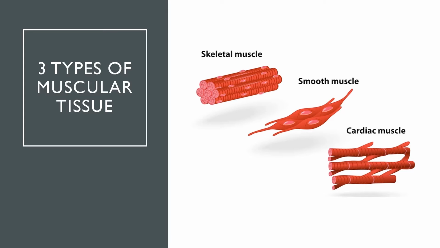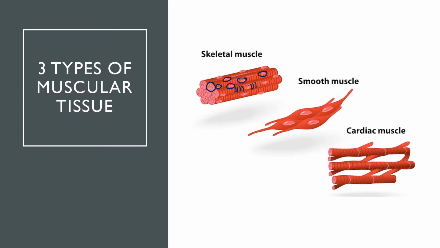So here is just a really quick visual representation of our three types of muscular tissue. The top one we have is skeletal muscle. We can see each of these cells. So one of these is going to be one cell with multiple nuclei per cell. We can also see these bands here. These are going to be the striations. You can see these bands in the cell. So that's going to be skeletal muscle.